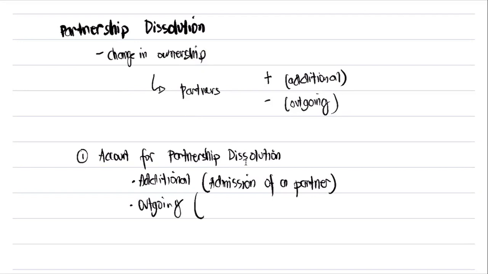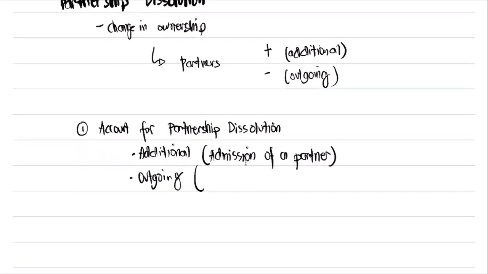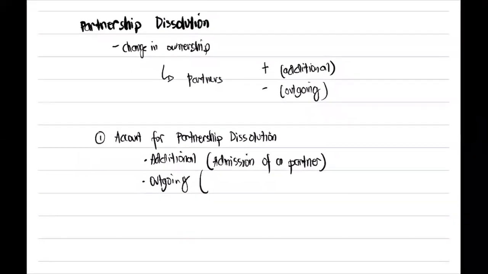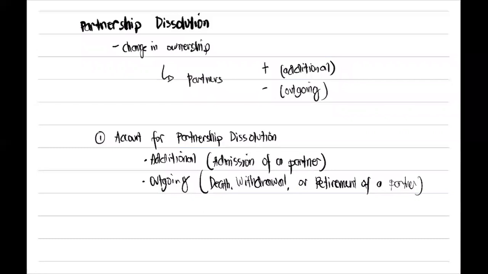What do we call this type of partnership dissolution? We have death, withdrawal, or retirement of a partner. So for today's meeting, we talk first about the accounting for the admission of a partner, and then we go with the death, withdrawal, or retirement of a partner.